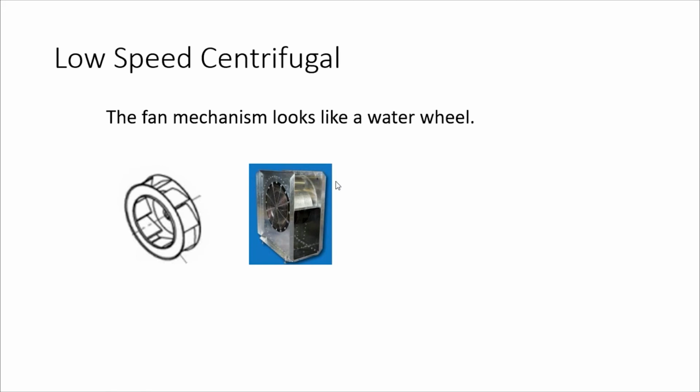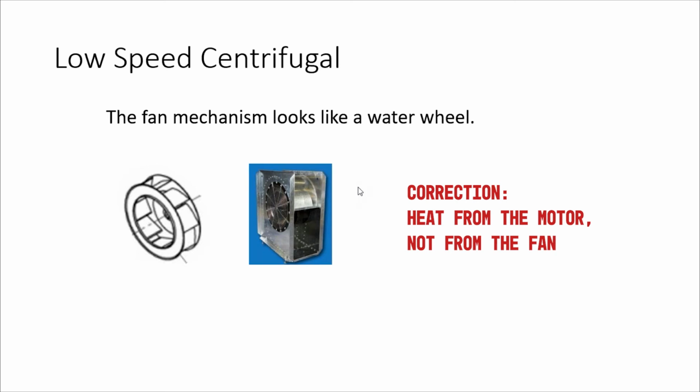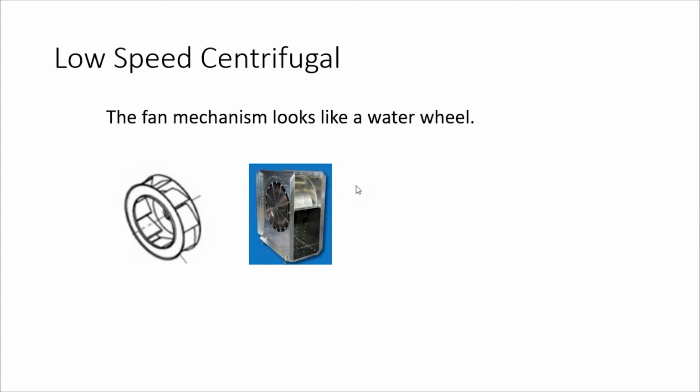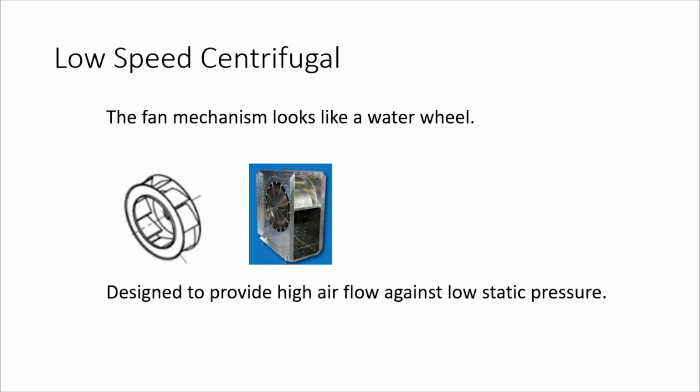With these types of fans, you get no benefit from the heat from the fan cooling the motor. Basically, all the air inlet comes independent, so you have a very slight loss of efficiency. It's relatively insignificant. These fans are designed to provide a high airflow against a low static pressure.